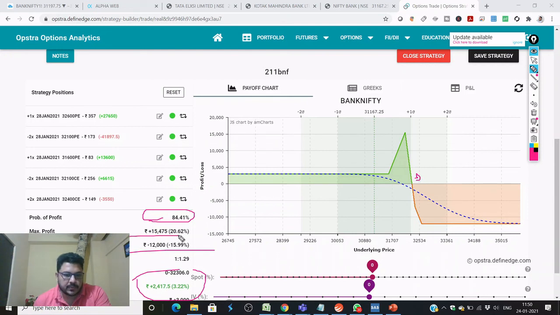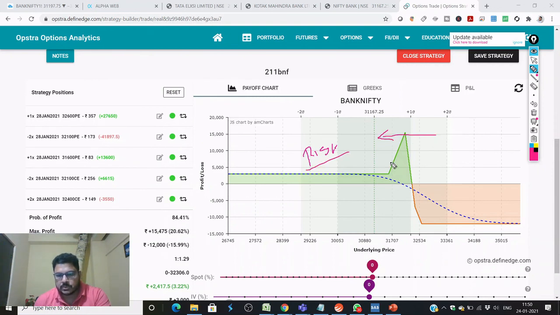But profit will be 15,000 if we stay in this zone. Okay, so this is how you have to play the market. You don't have to be right all the time, but you have to manage your risk properly and have a clear view where the market is heading. So my direction was down, so it was right.